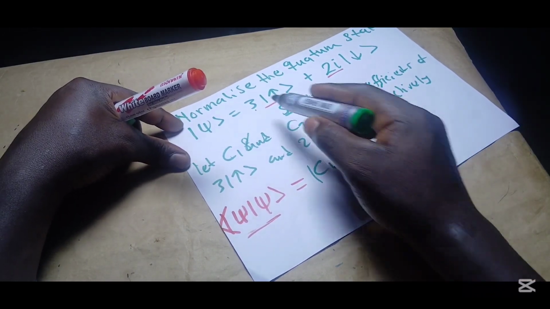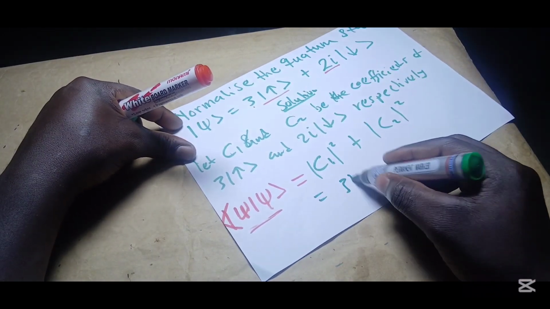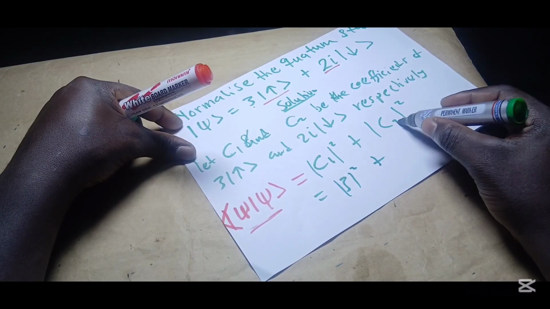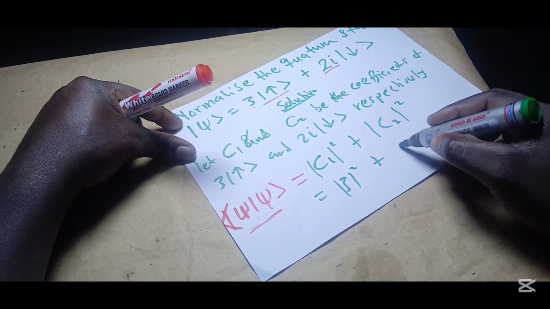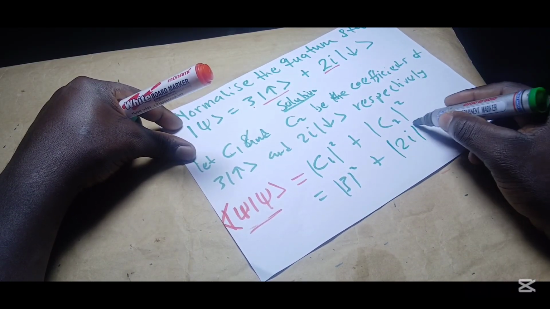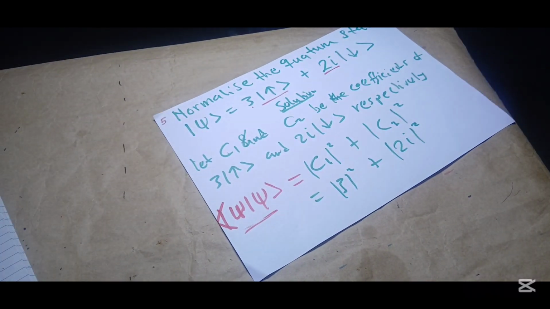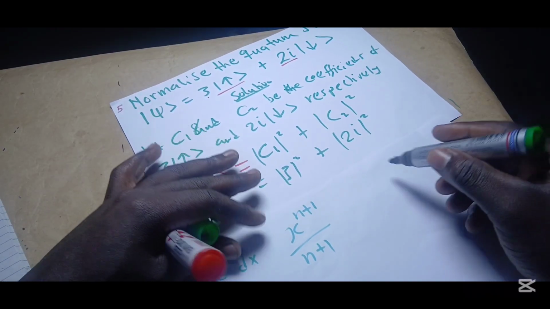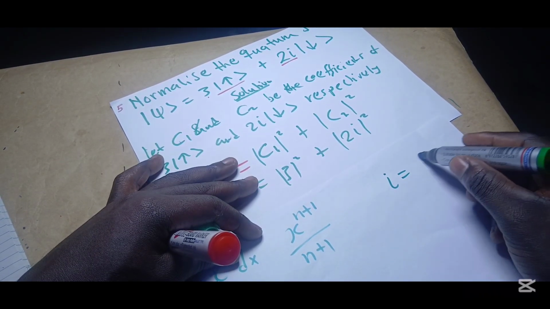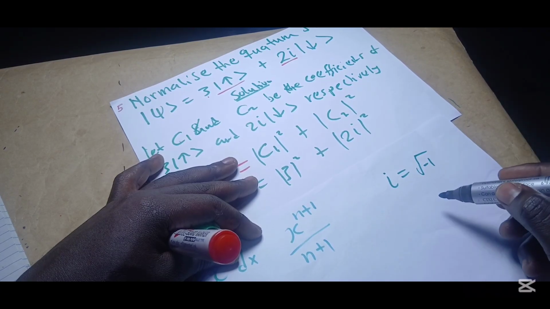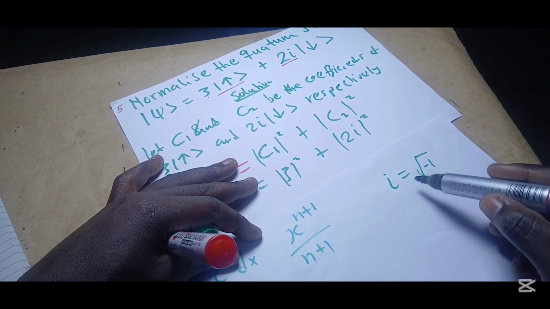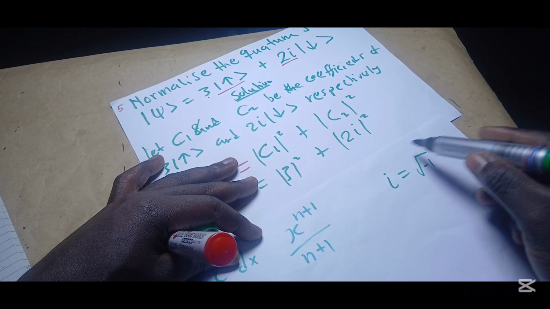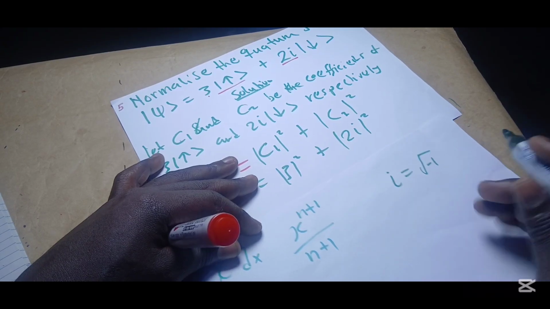So what is C1? 3. So 3 squared plus C2 is 2i, 2i squared. Since we are looking for the absolute value, we know that i is the same as the square root of minus 1. So at the end of the day, the absolute value of i is definitely going to give us 1.